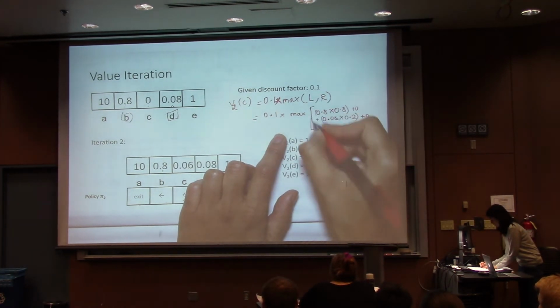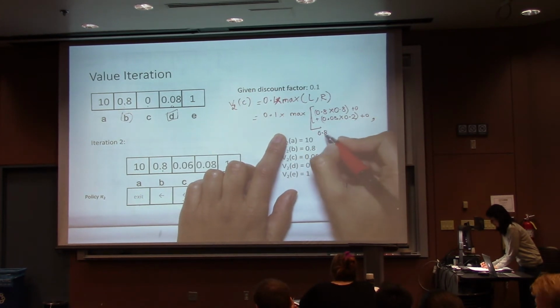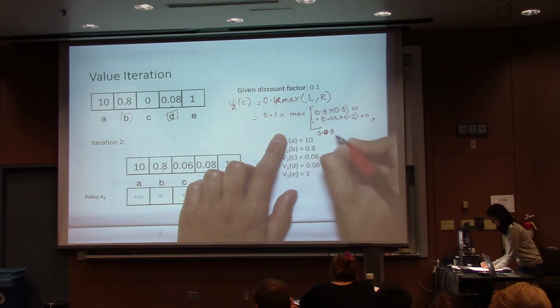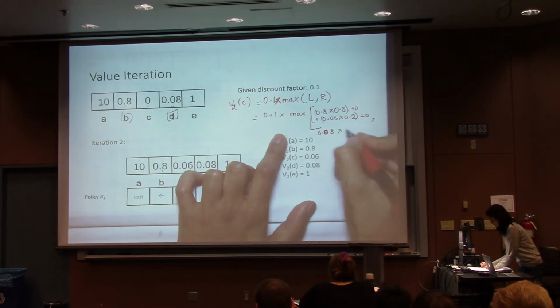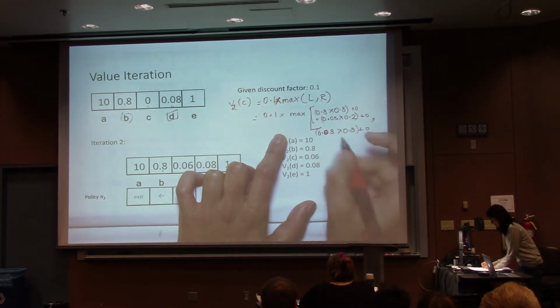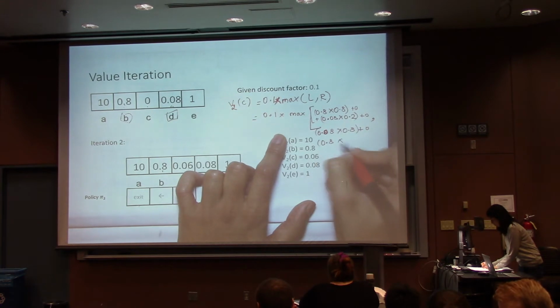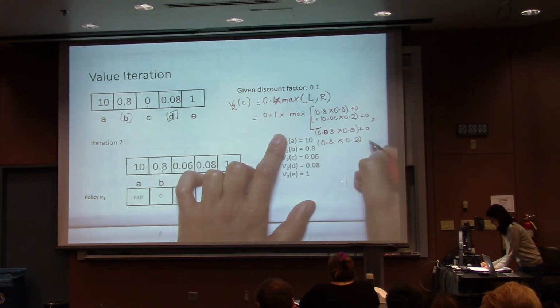This was just your left action. Now for the right action we have 0.08, which is the value, into the probability 0.8, plus 0, and 0.8 into 0.2 plus 0.